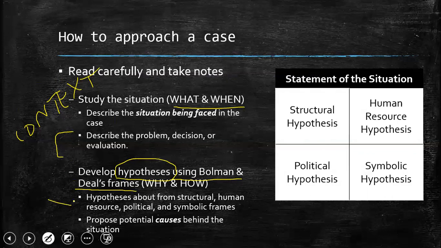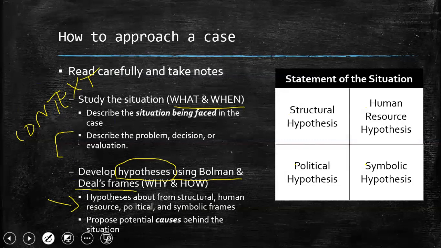I want you then to develop hypotheses about what's happening using Bolman and Deal's 4 frames in response to your why and how, either questions or statements in response to those questions. So you want to think about the structural, the human resource, the political, and the symbolic frames and create hypotheses about what's happening based on those frames.